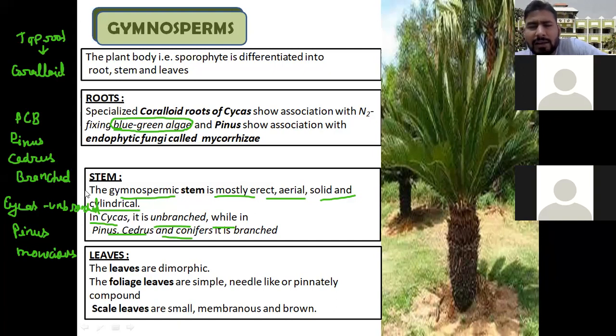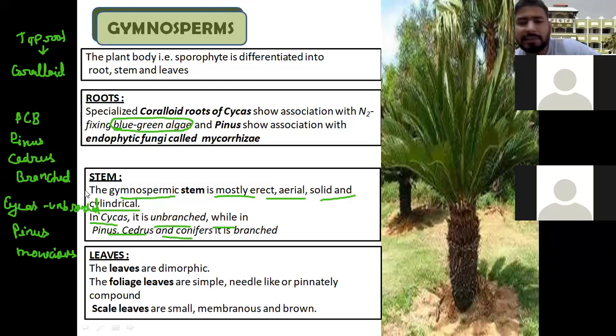Can you tell which animal in phylum Annelida is dioecious in nature? Nereis, sir. Very good.